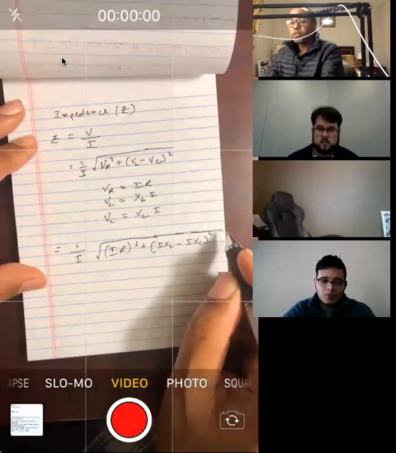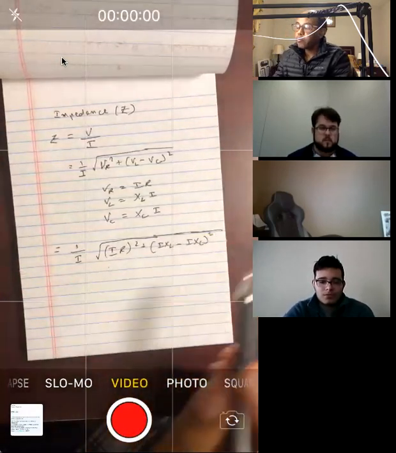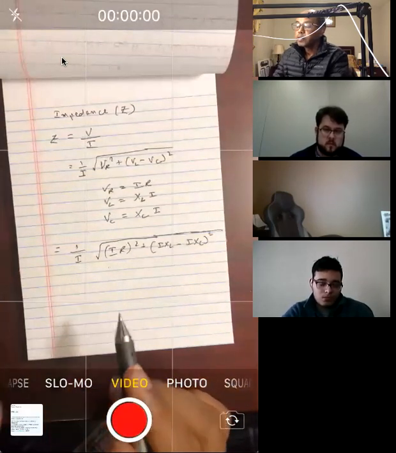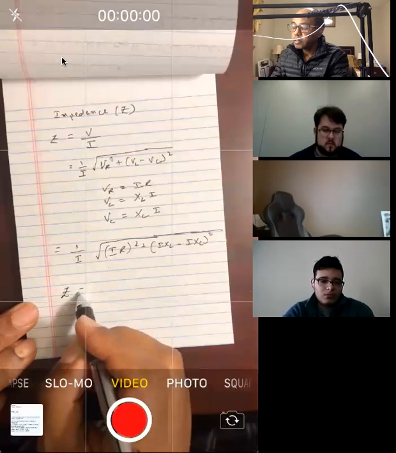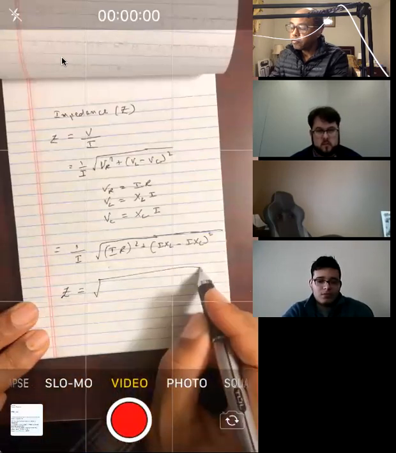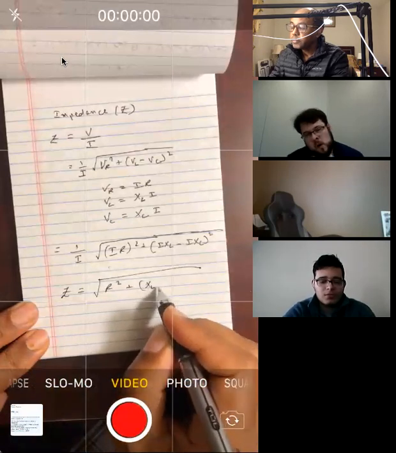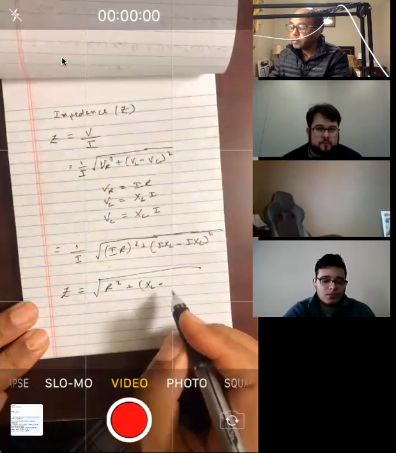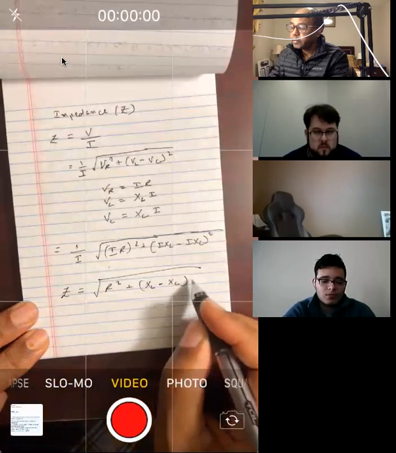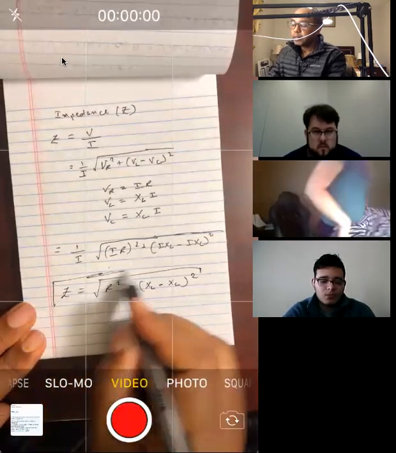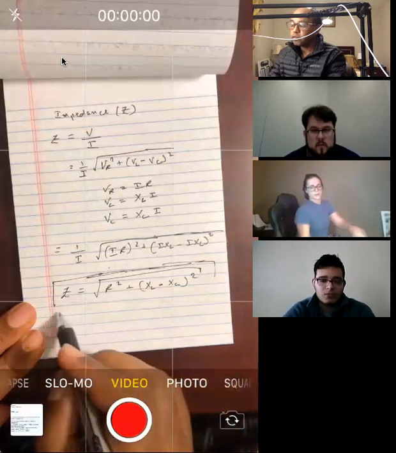Okay, so you see we have I squared everywhere, so we can factor it out and cancel this I. So we have the following formula for Z: Z is the square root of R squared plus the difference between the inductive reactance and capacitive reactance squared. Okay, so this is the formula for the impedance, or the total resistance of the circuit.